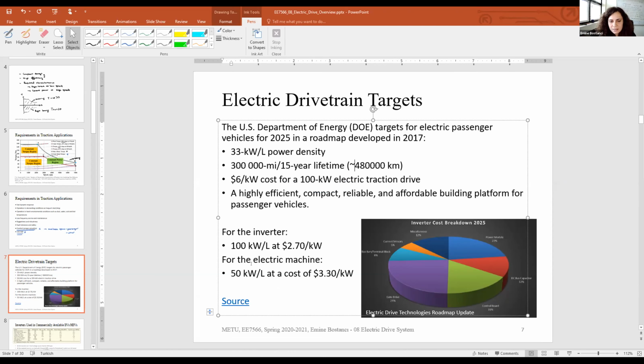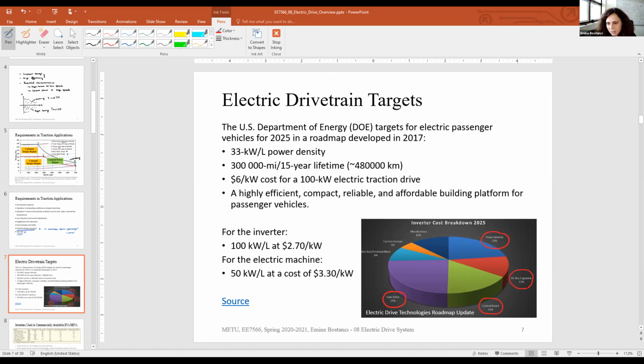I want to mention the DC bus capacitor because we usually don't think it can be such a big part of the cost. In inverters, as we are going to discuss later, we need a quite big DC bus capacitor to get less ripple from the PWM and also to be able to supply some reactive power to the electric machine. So it's also getting important.